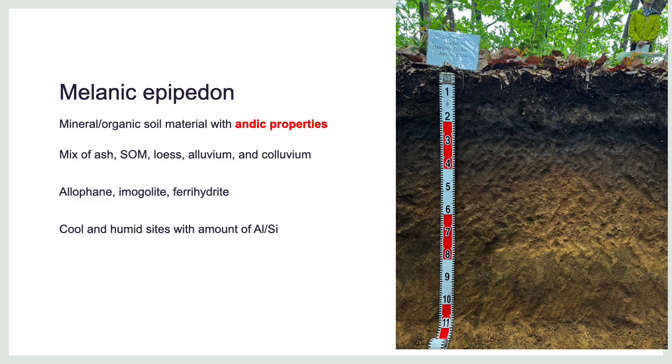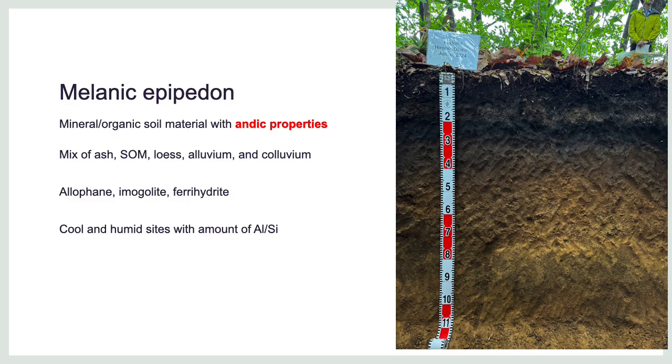Now let's see another epipedon, another diagnostic horizon, and in this case the melanic epipedon. The melanic epipedon is a mineral or organic epipedon because you can register very low or very high organic carbon content.